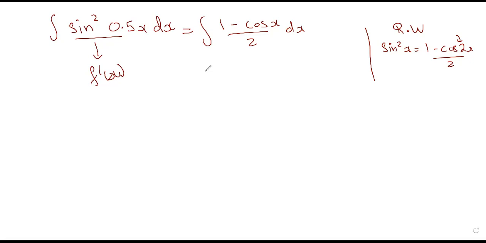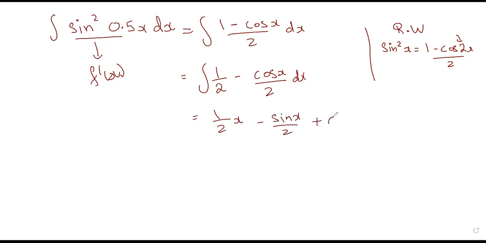We need to integrate it further. We can break down this integral like this. And this would be 1 by 2 x minus sine x by 2 plus c. Because the integral of cos is sine. Okay, the integral of cos is sine, it's not minus sine.